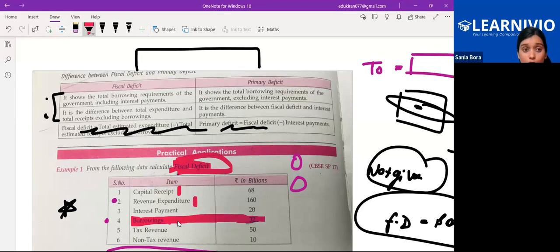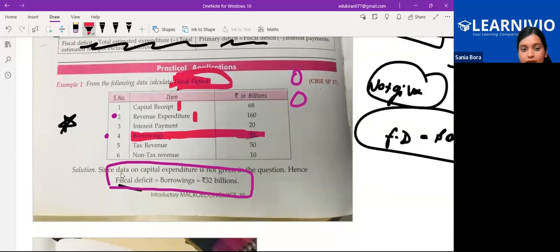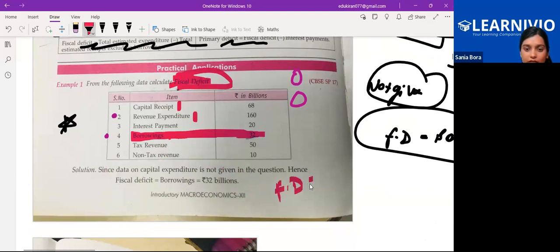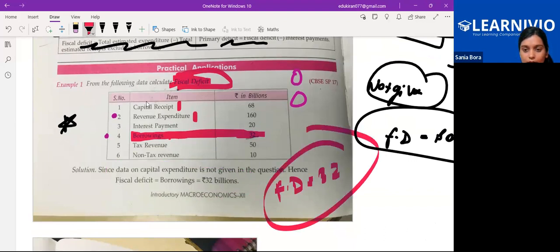At that time, fiscal deficit is equal to borrowing. So over here, since the data of capital expenditure is not given, fiscal deficit would be equal to borrowing, which means your FD would be 32 billion. Got it? Okay, ma'am.